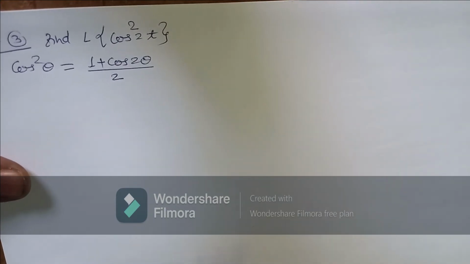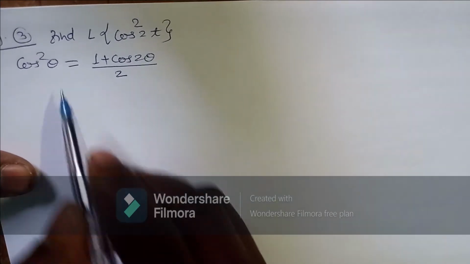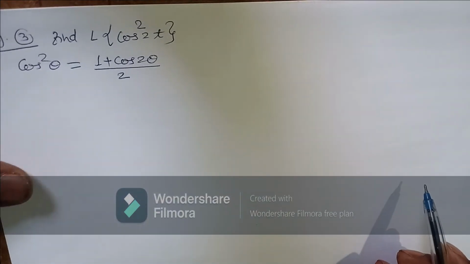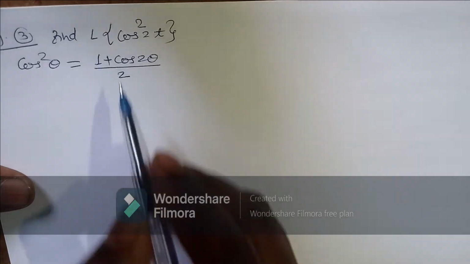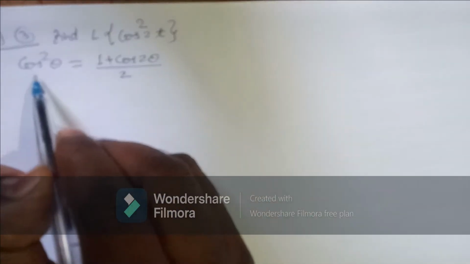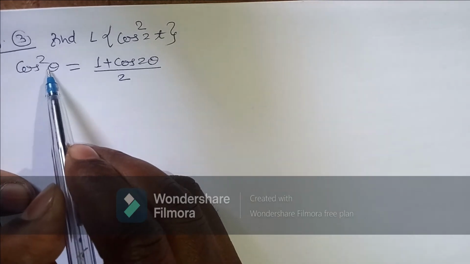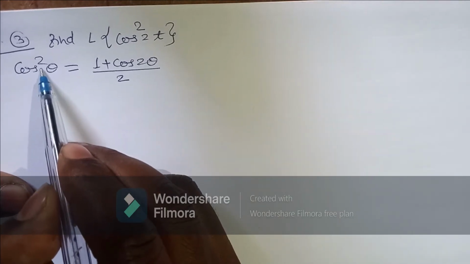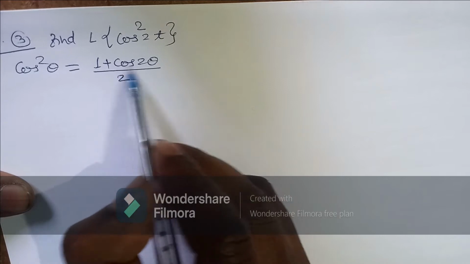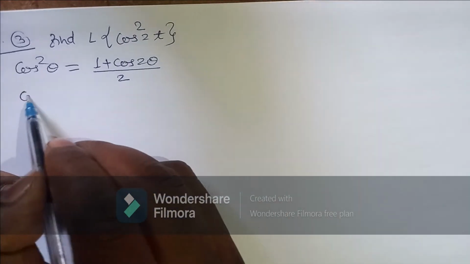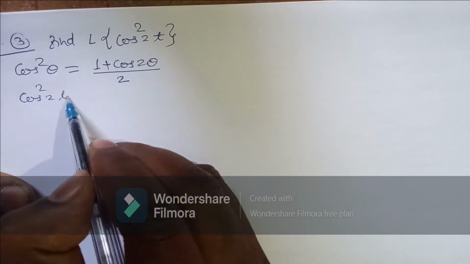So this formula you have to remember. Unless and until you remember this formula, you cannot solve this particular example. Okay, now how to simplify this then again? If you observe this formula, if the angle of this cos square theta is theta, then here there is double, that is cos 2 theta. Now in our example, what is given? Cos square 2t is given.